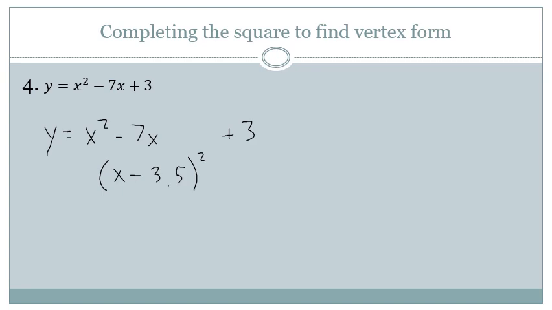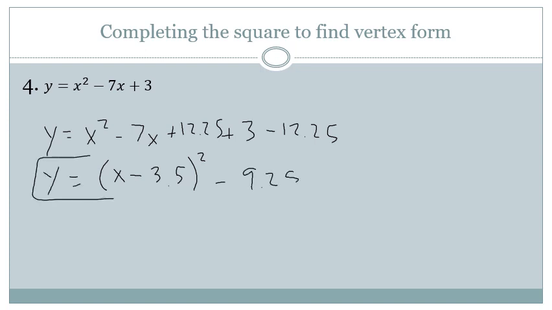And then if I square 3.5, I added 12.25. So I have to both add and subtract it, right? So 3 minus 12.25 gives me negative 9.25. Okay, so I actually need a negative there. And there is our equation. Okay?